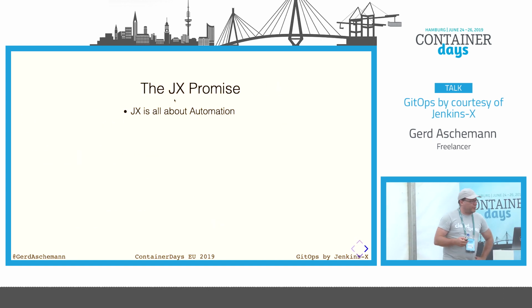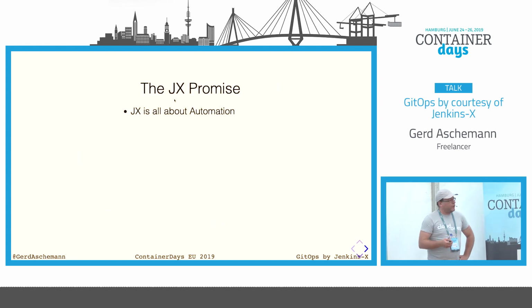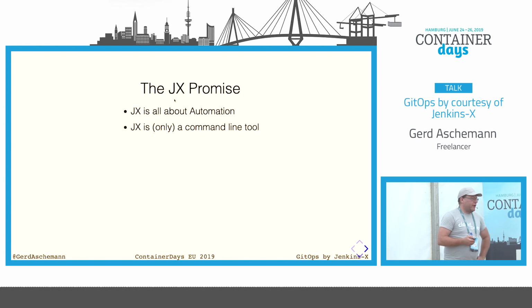Okay, so the promise. Jenkins-X is all about automation. I think you have heard that term already today. In fact, it's only a command line tool. So you just install a command line tool and then you get everything else by this command line tool. We'll see how that works later.